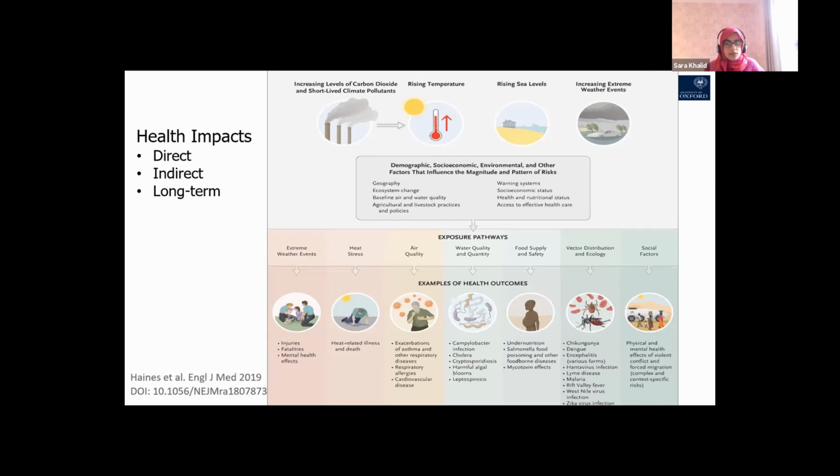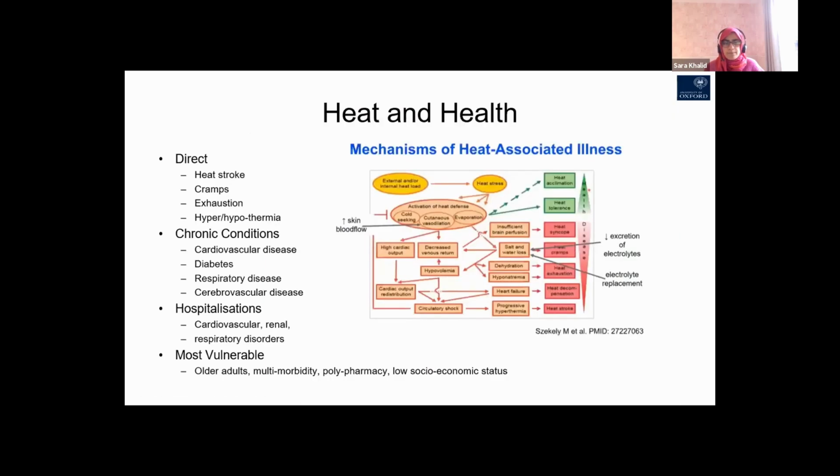So let's look at some of them a little bit more closely. So thinking about heat and the effect of heat on health, the biology of heat effects on the human body is rather complex, and frankly, I would not be the right person to talk about it.